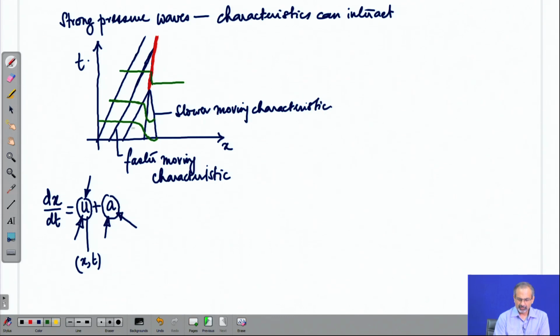So, that is how from a comparatively smoother variation you have a sharp change in the form of a shock formation.